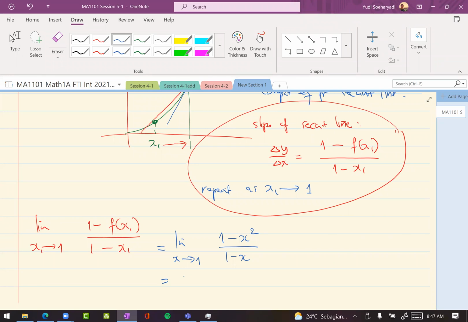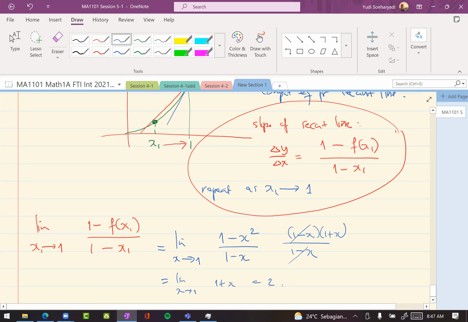What kind of trick do you use to compute this limit? Factorize the 1 minus x squared. And you can cancel this, so you have the limit of 1 plus x, which is 2.